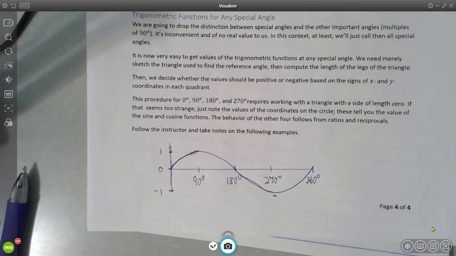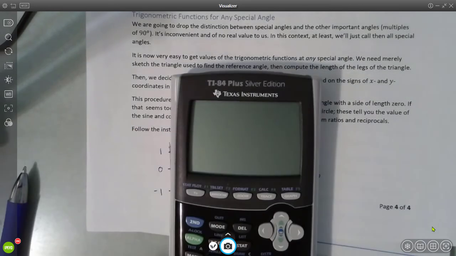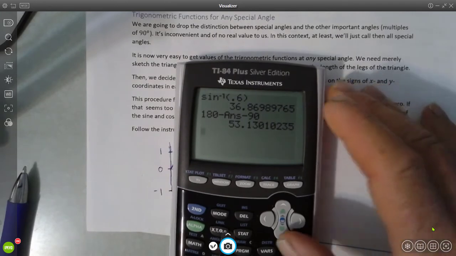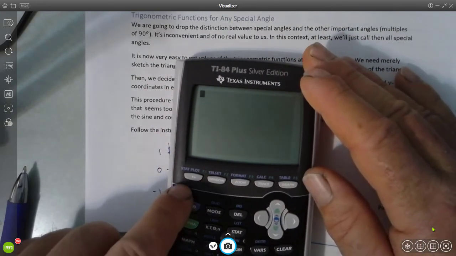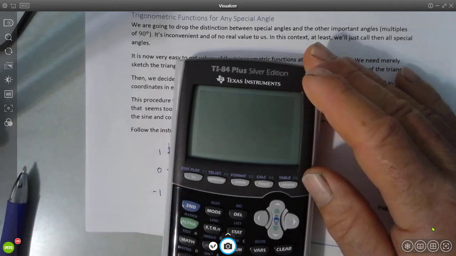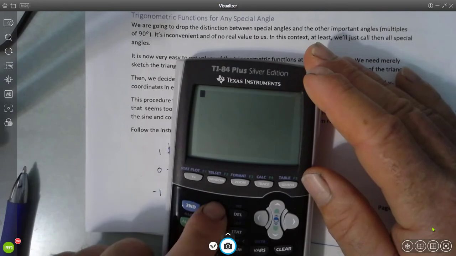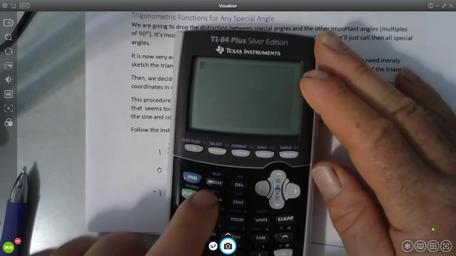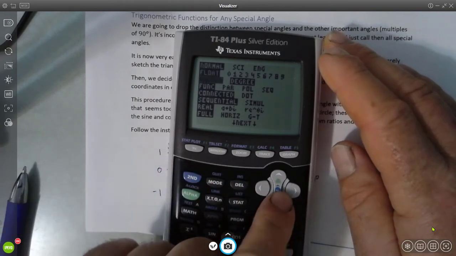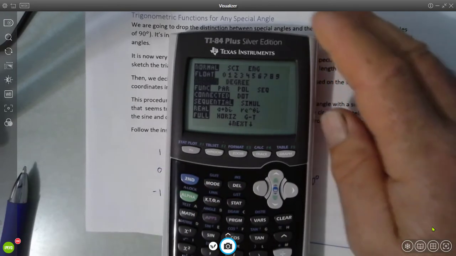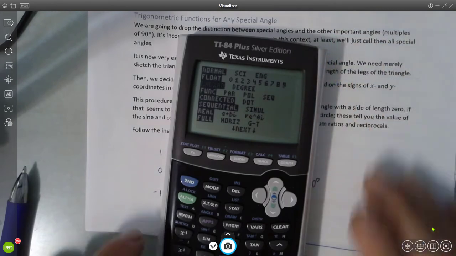Now, I am not really great at sketching, so my graph doesn't look just perfect, but that is not bad. And if you wanted to see a little better picture of it, what we could do is look at our calculator, and it's actually going to be more convenient if we switch modes here. I'm going to ask this to compute in radian mode, because that way I can be sure that I'm getting the right scale.